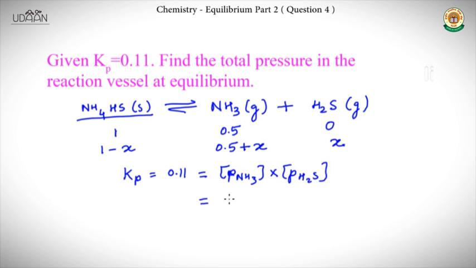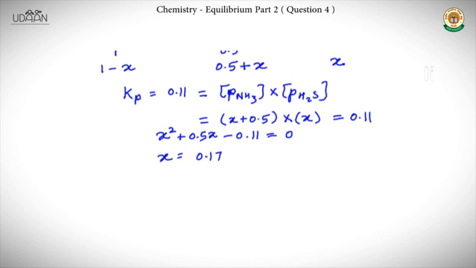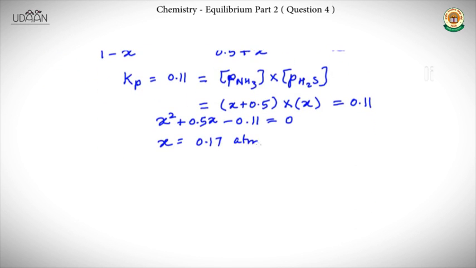So when I substitute these values in the expression for Kp, I get this equation. Now I'll get a quadratic equation which I can solve very easily. This will be the quadratic that I'll obtain, and when I solve it, I will obtain x as 0.17 atm.